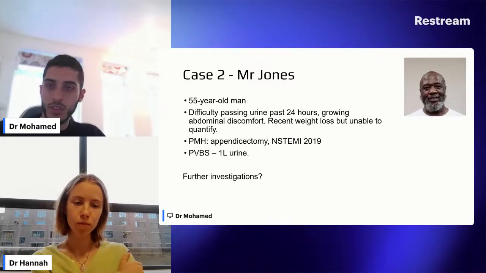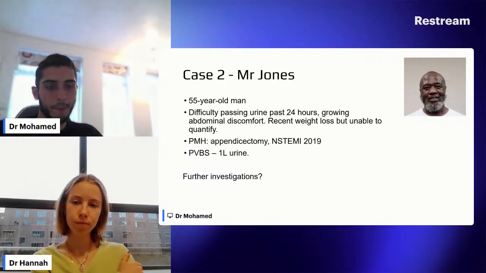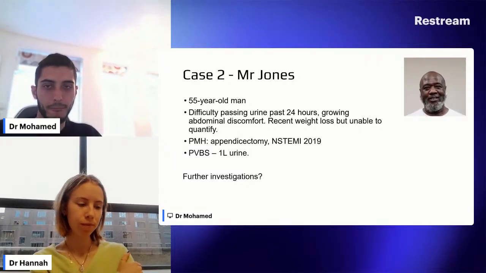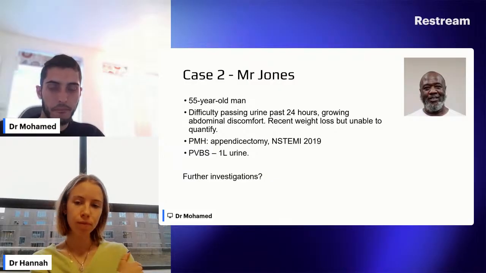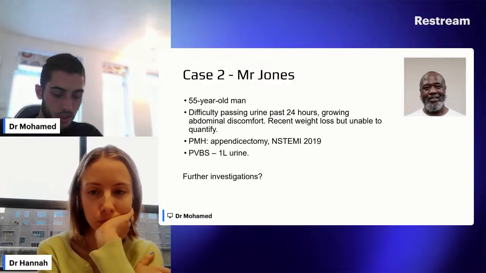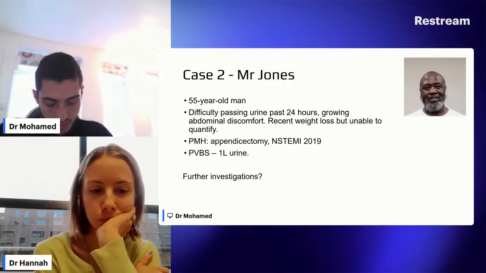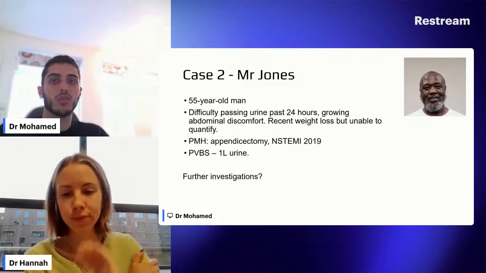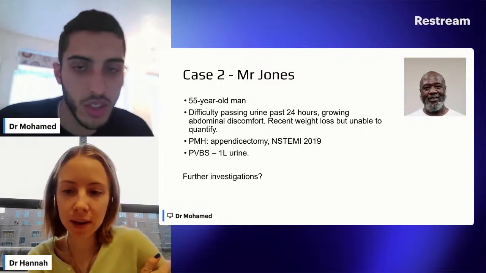Is there anything coming through in the chat? What do we think is going on here with Mr. Jones? He's in urinary retention, but what could be causing that urinary retention?